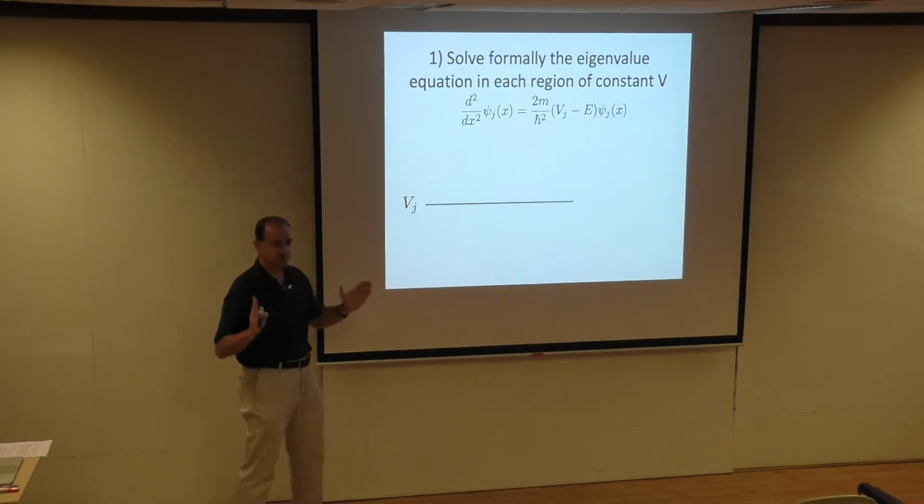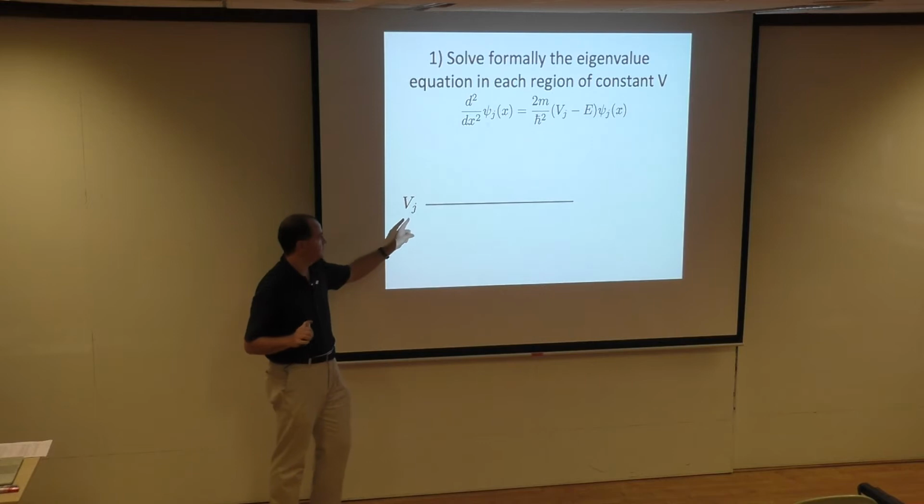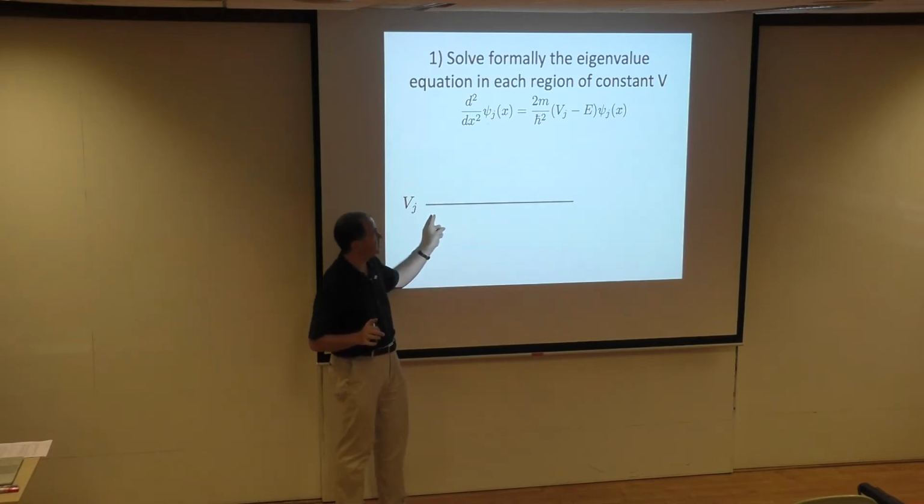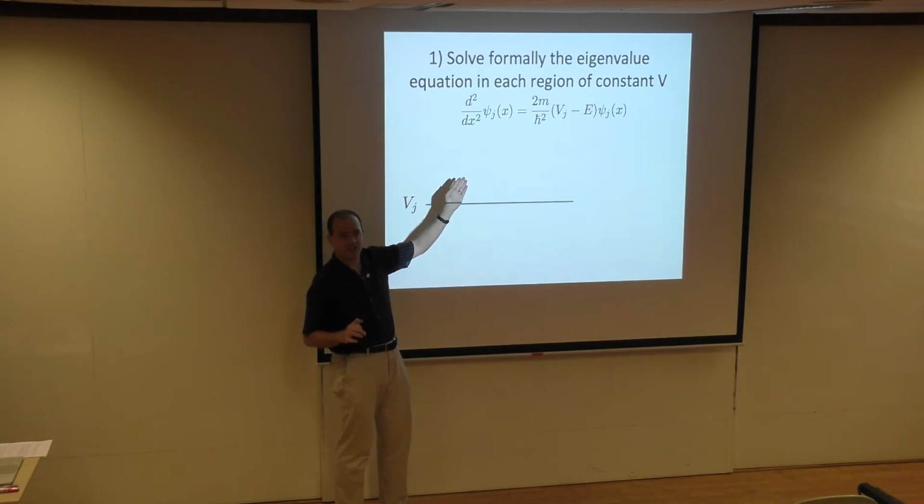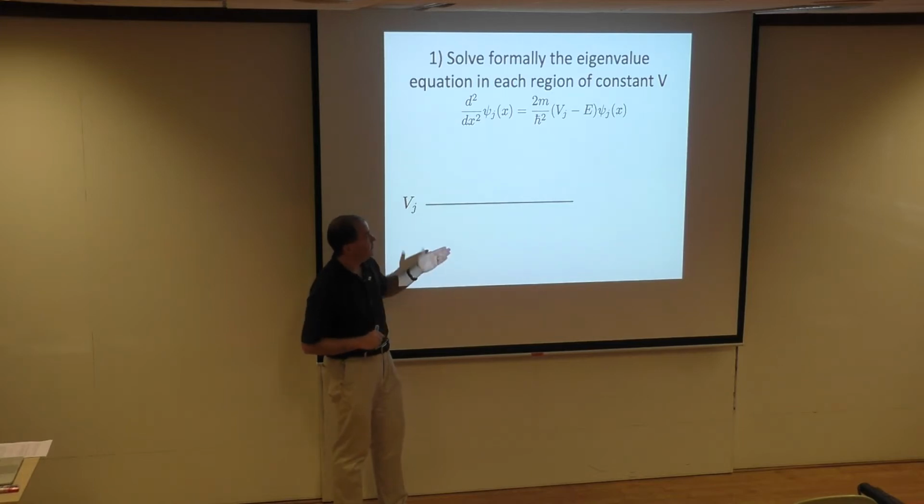So now I have a region in which the potential is constant, fixed at a given value Vj. So the Schrödinger equation, or better said, the eigenvalues of the Hamiltonian will be given by that equation there, right? And now again, Vj is a constant.